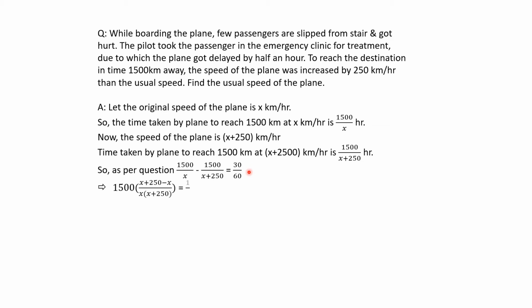So we can take 1500 common, and on taking the LCM x into (x plus 250), in the numerator we get (x plus 250 minus x) divided by x into (x plus 250) equals 1 by 2.